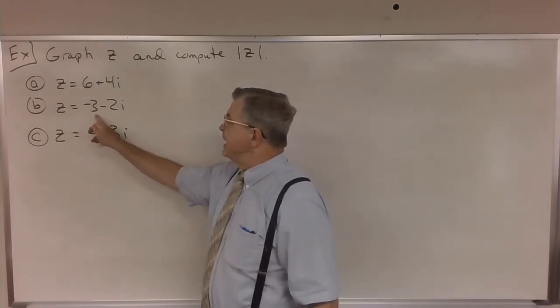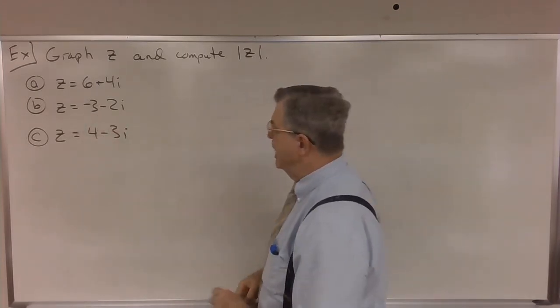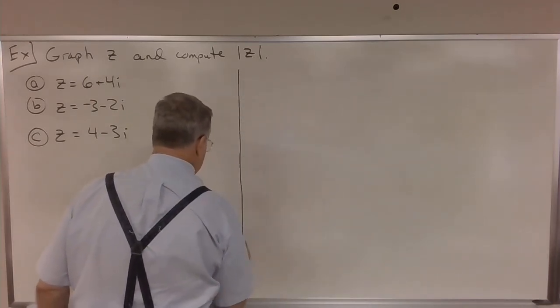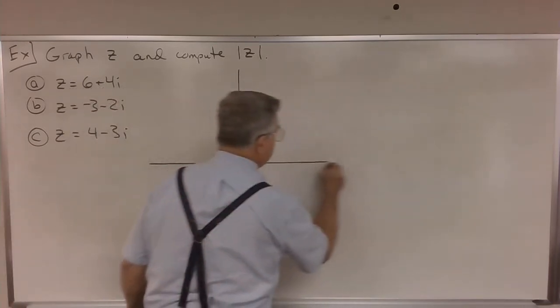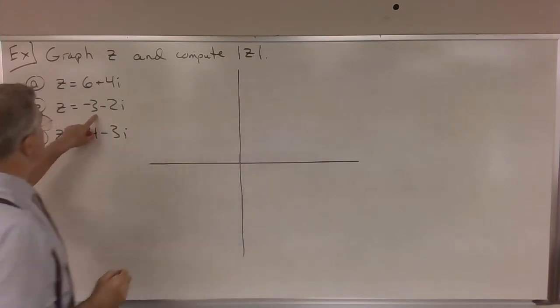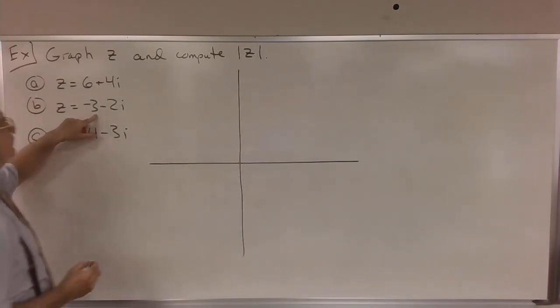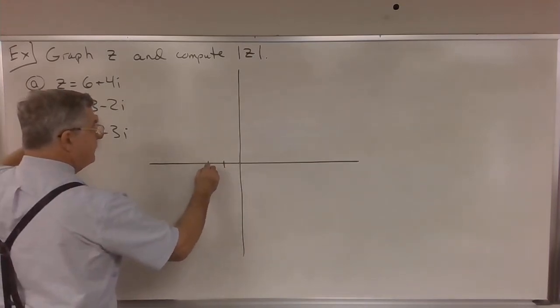Complex number -3 minus 2i. The real part, which we mark on the x-axis, is -3.